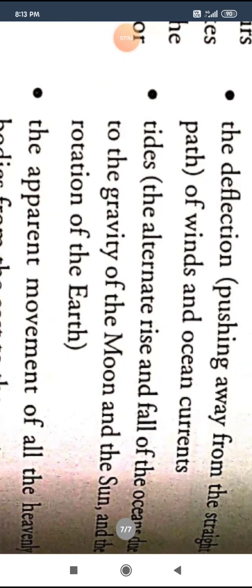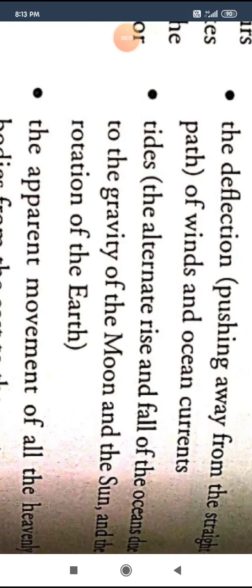Tides: the alternate rise and fall of the ocean water due to the gravity of the moon and the sun and the rotation of the earth. Sometimes the ocean water rises and sometimes it falls.